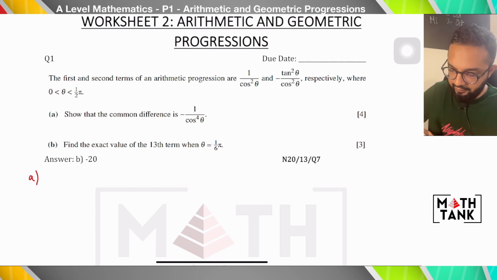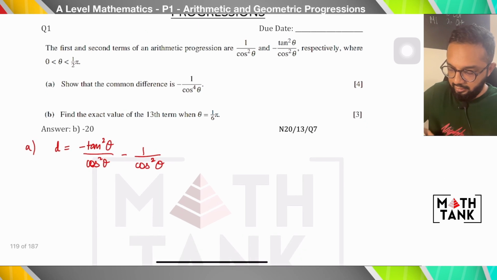If they are the first and second terms, I can simply say that the common difference is term 2 minus term 1. That's a common denominator for me.